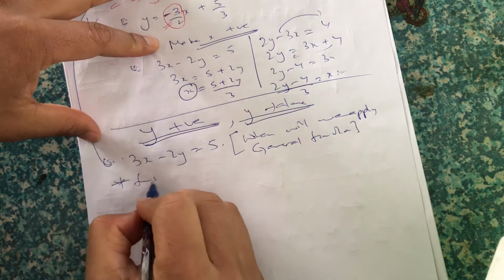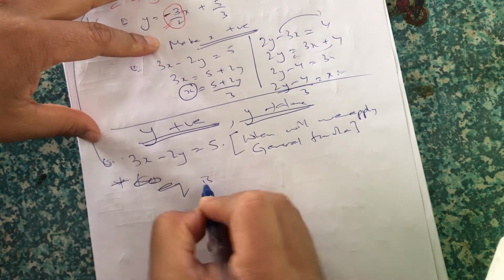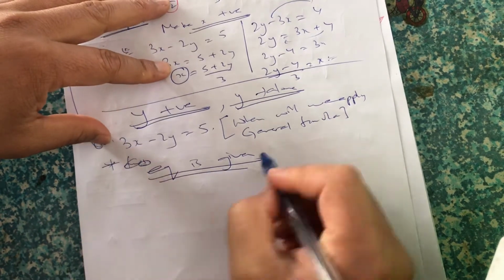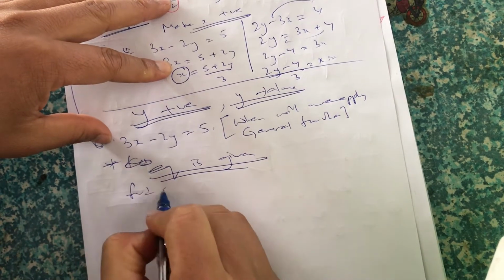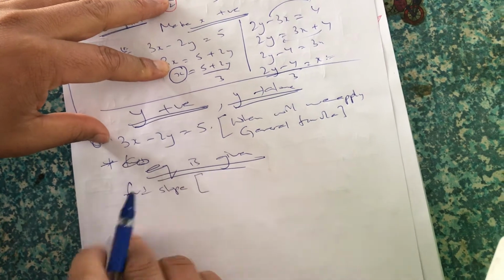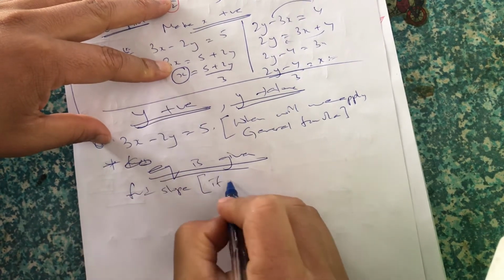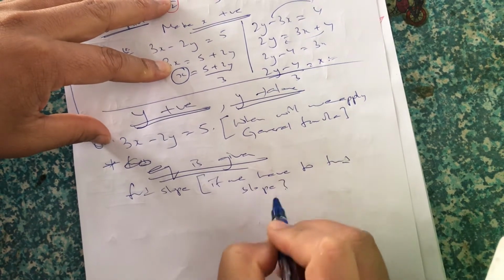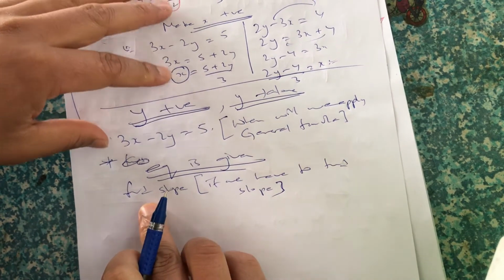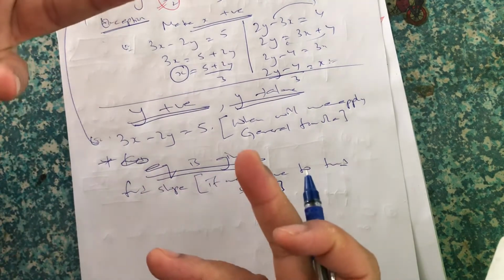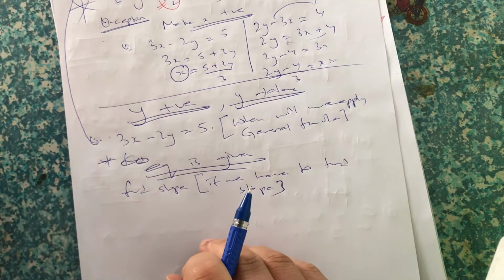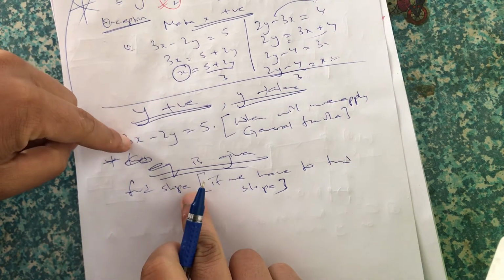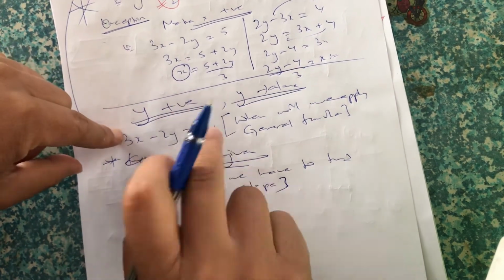Whenever you have an equation given to you in the question, and then if they say find slope, or even if they don't say find slope. Sometimes they may not literally say find slope. Sometimes we may have to get the slope and then use that slope in the other half of your question.